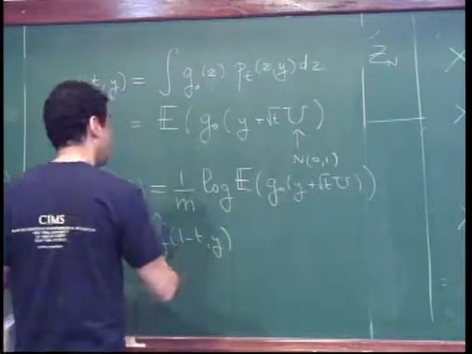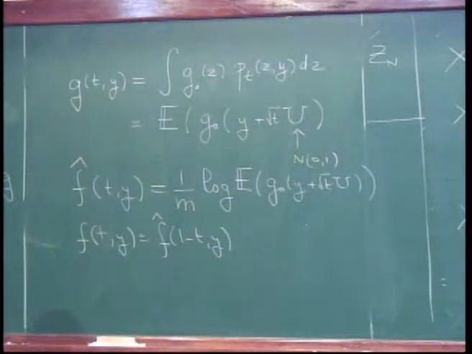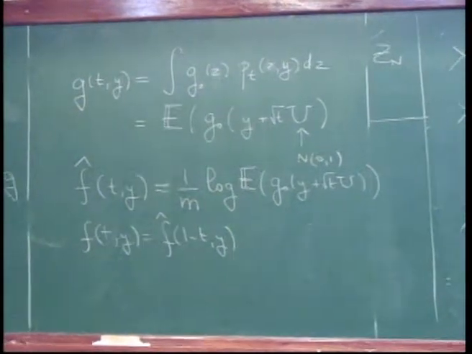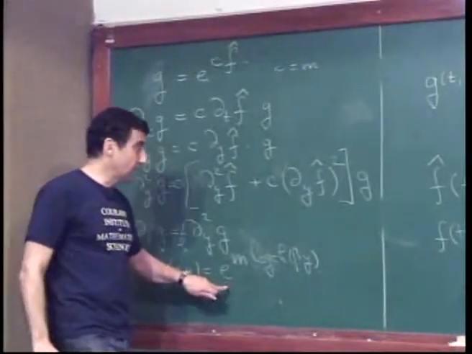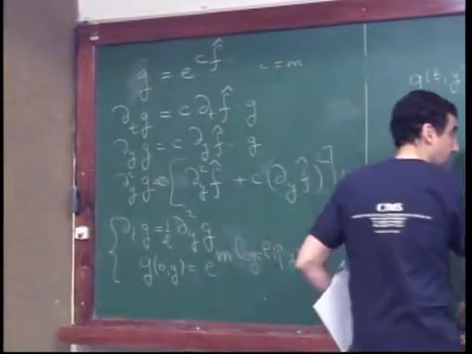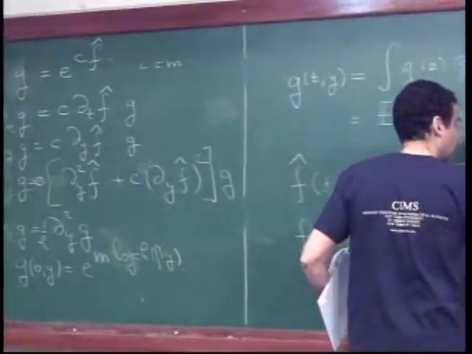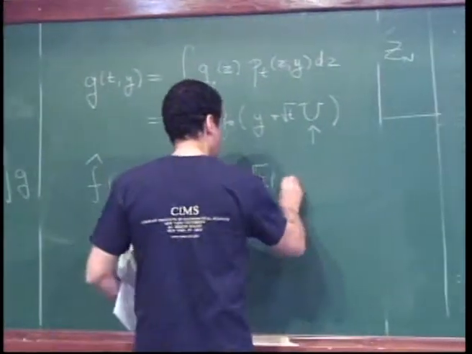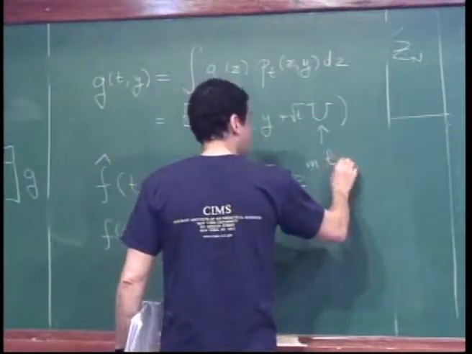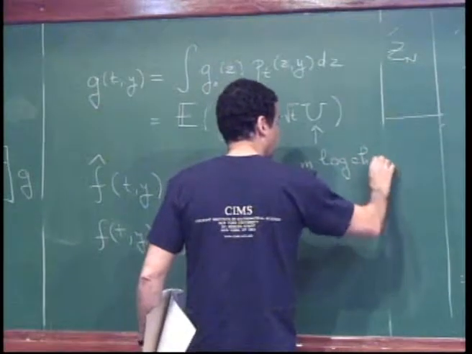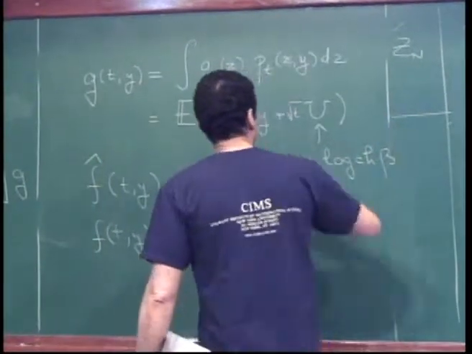Oh, I forgot an exponential. No, the exponential is not missing. The G contains an exponential, right? So maybe I should write it like this: exponential m log CH of beta taken on this.